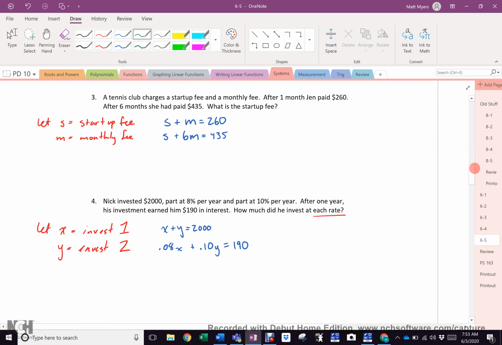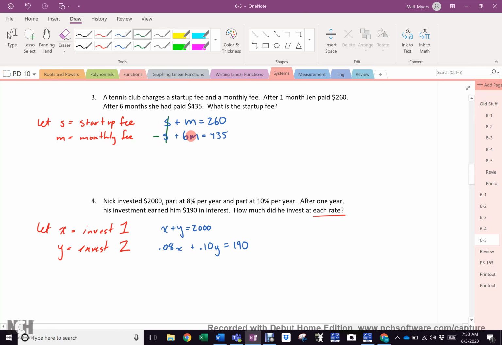Number 3. They're both set up here. We could do elimination or substitution. I'm going to do elimination because I just did substitution. So since these are both the same, I'm subtracting. S minus S is 0, so it's gone.